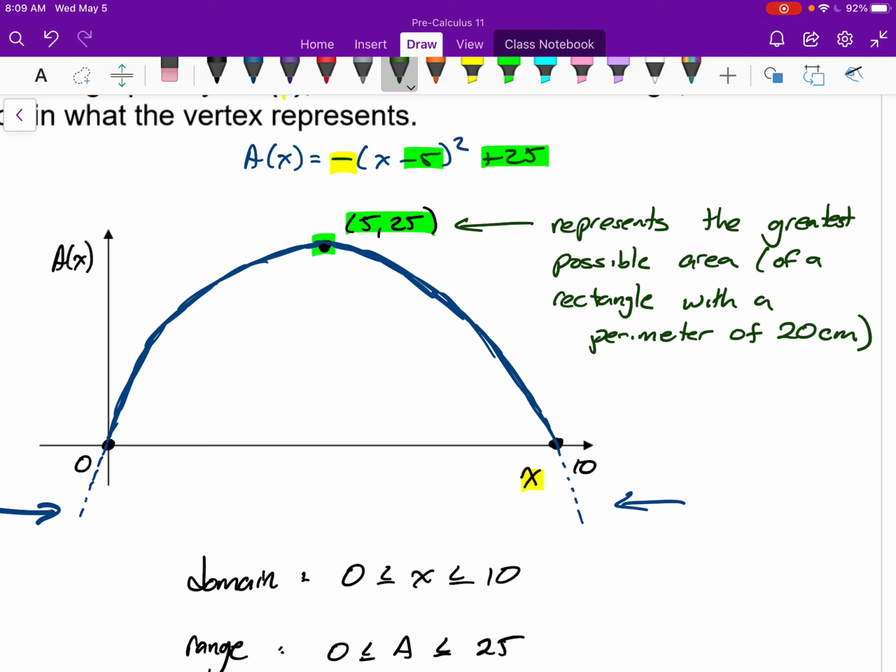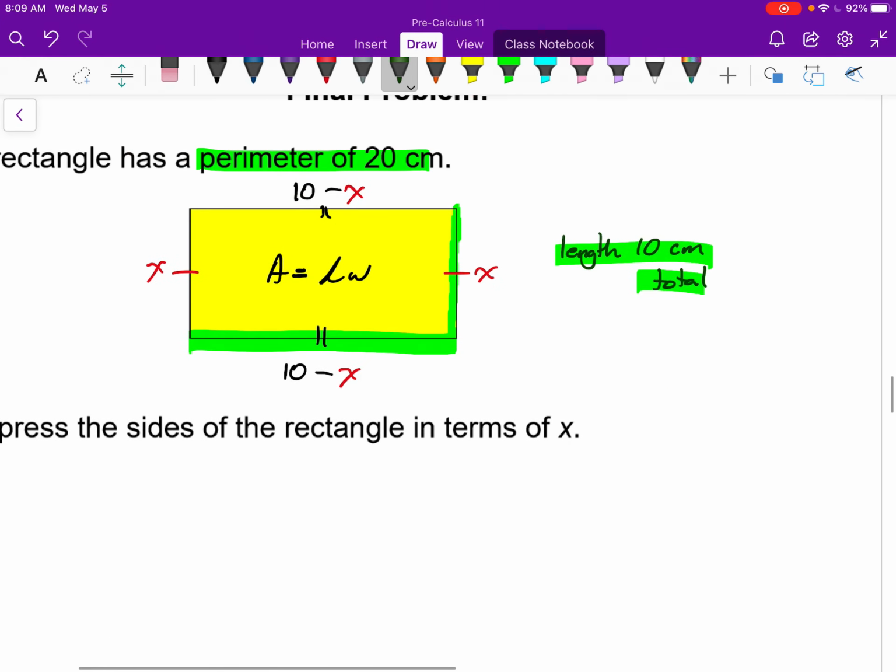That was the original setup. In this case, the greatest possible area you can have if a rectangle has a perimeter of 20 centimeters is 25 square centimeters when x equals 5. And if x equals 5, if I look back to my diagram here, if this equals 5, then this equals 5, which means we have a square.